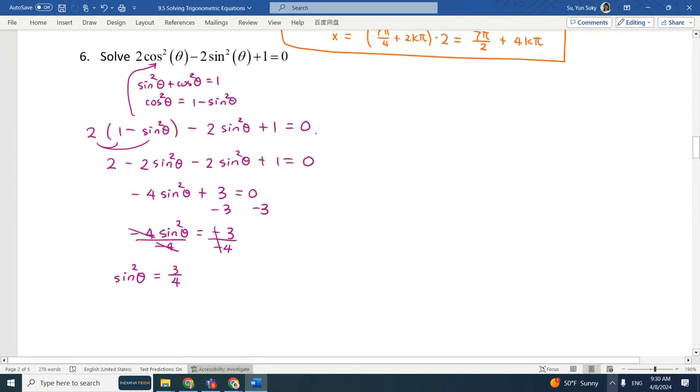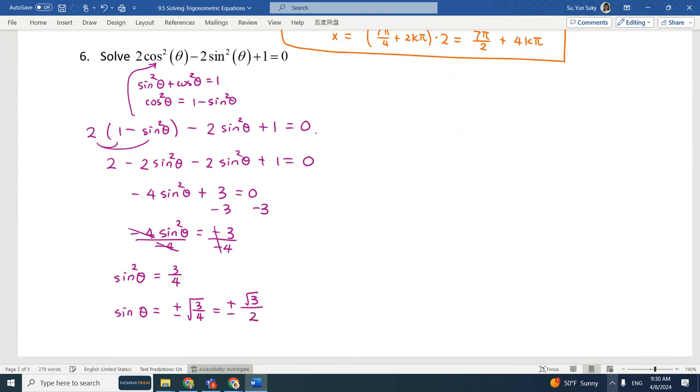Okay, so what is sine theta? When you take the square root, you get what? Plus or minus square root of 3/4. But what is the square root of 4? 2.